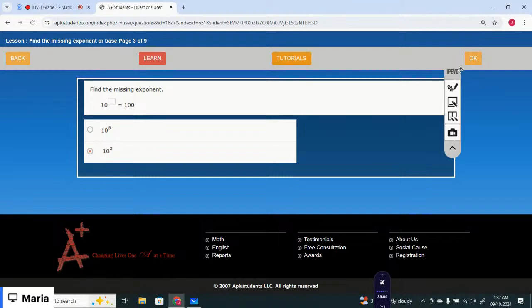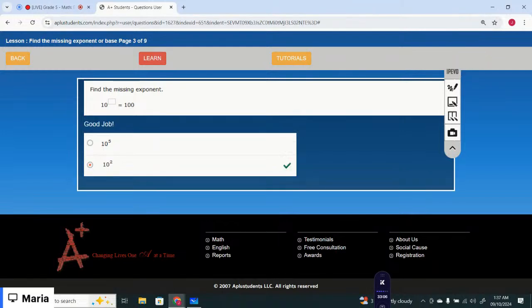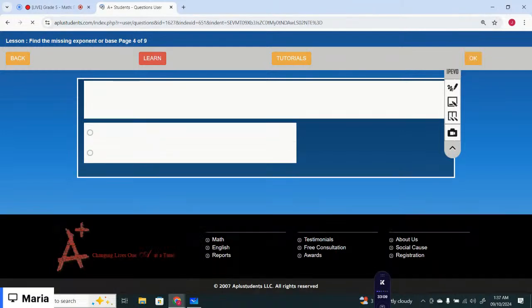Option number 2 is the correct option because you have two zeros on the other side, so that is 10 exponent 2.